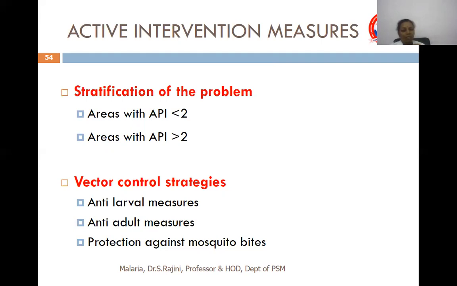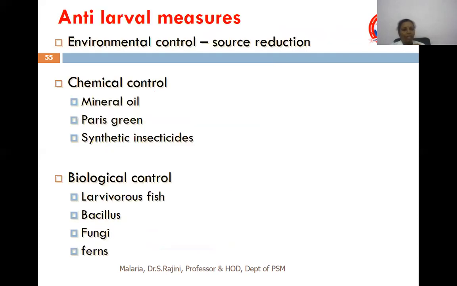Anti-larval measures include biological, chemical and environmental methods. In chemical control we have mineral oil, paraffin and synthetic insecticides, which are sprayed where there are water areas with mosquito breeding. So we spray oil and insecticides on breeding areas so that you can control the larvae present there.